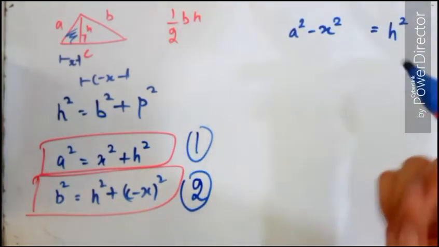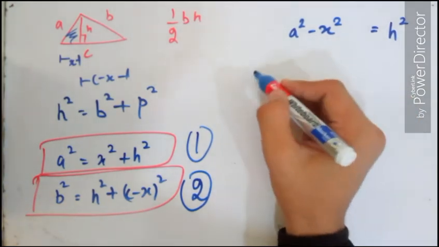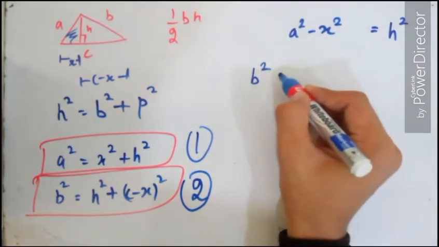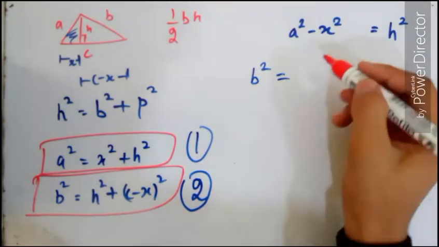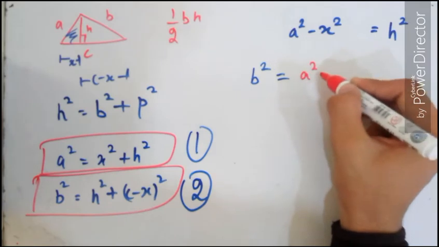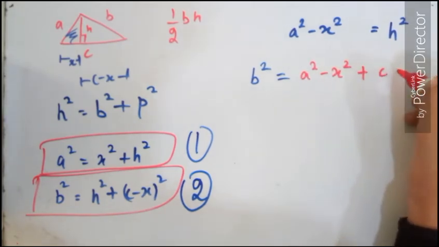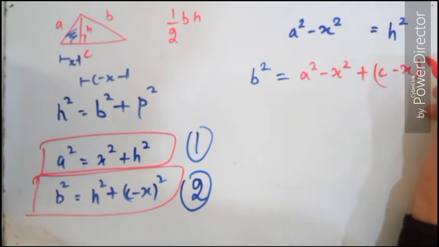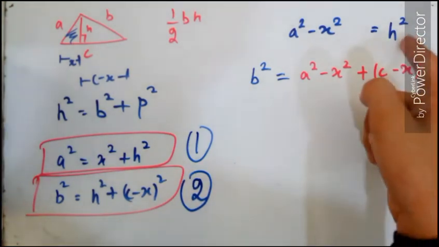Substituting the value for h squared here, b squared is equal to a squared minus x squared plus c minus x whole squared.